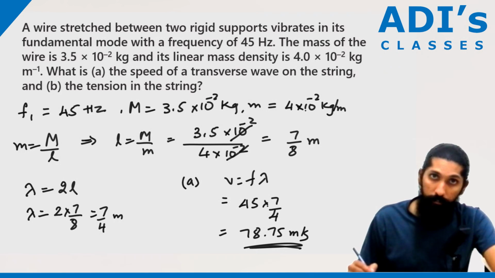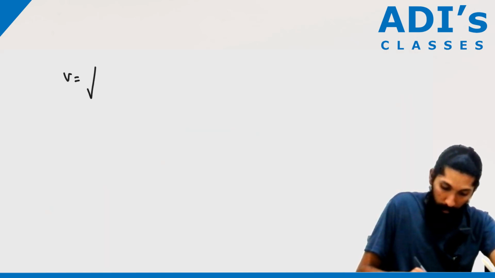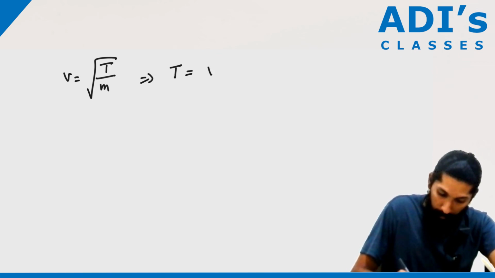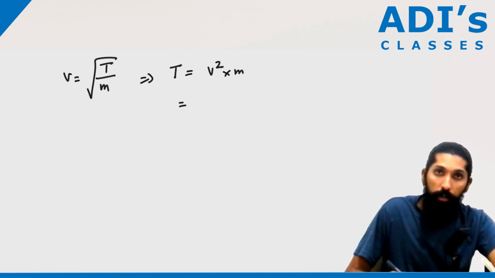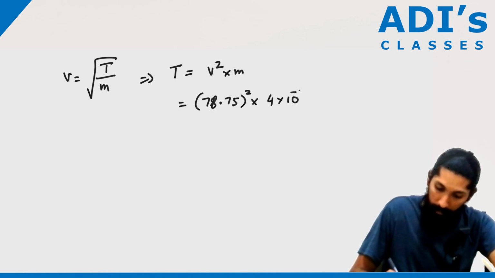Now, we have the tension. So, for tension, v is equal to root of T by m. Okay, let's apply this one. v is equal to root of T divided by m. So, you have T is equal to v square into m. Correct? What is the velocity? 78.75 square into 4 into 10 to the power minus 2.